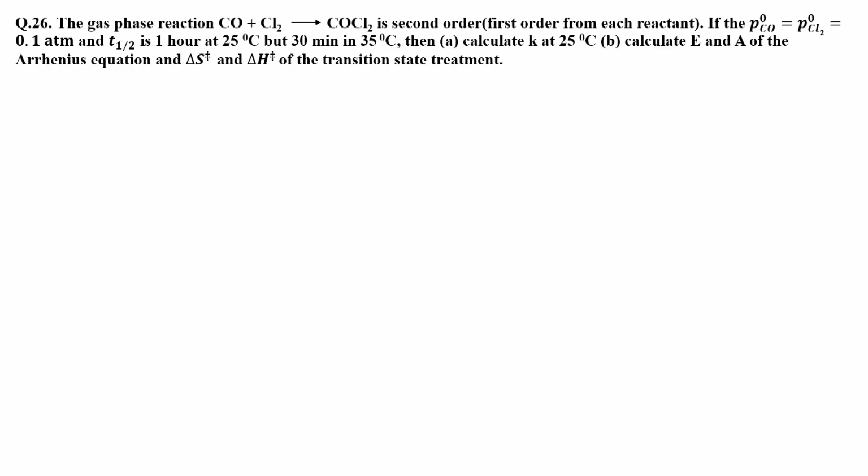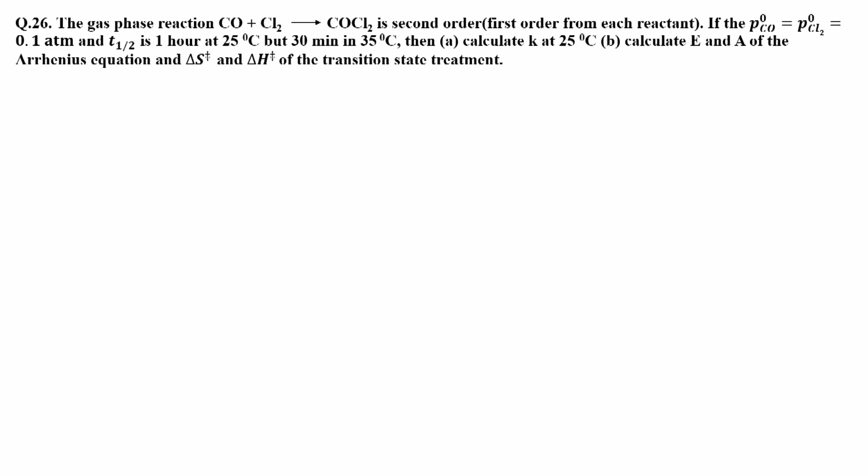Remember this is a second order reaction, but first order with respect to each reactant. Calculate E, the activation energy, and A of the Arrhenius equation, and delta H dagger and delta S dagger of the transition state treatment. So it consists of several problems.